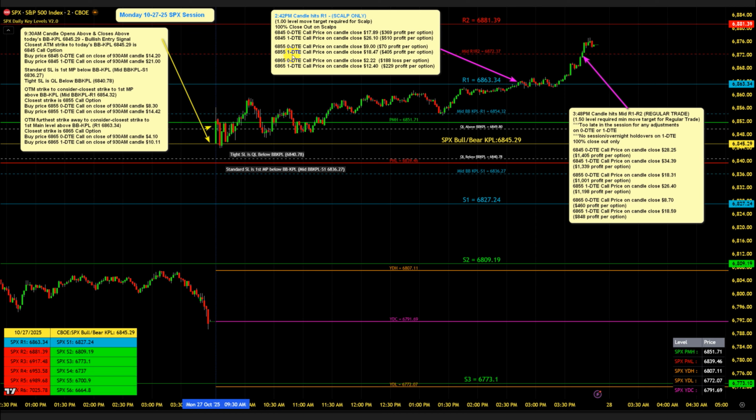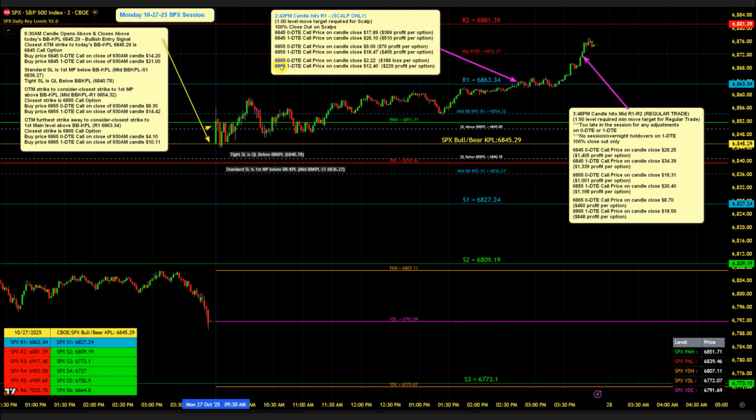However, the 68.55 1 DTE option, the price on the close of this 2:42 candle is 18.47. You paid $14.42. That's a $405 profit per option. So that's still a decent profit on a scalp from that.